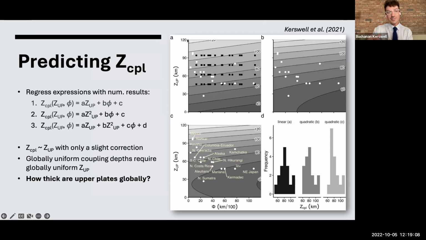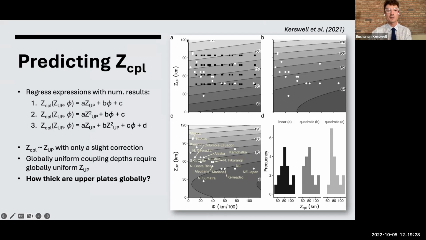And the key insight here is that these expressions that we regress suggest that the coupling depth can almost be exactly approximated by just using the thickness of the upper plate.